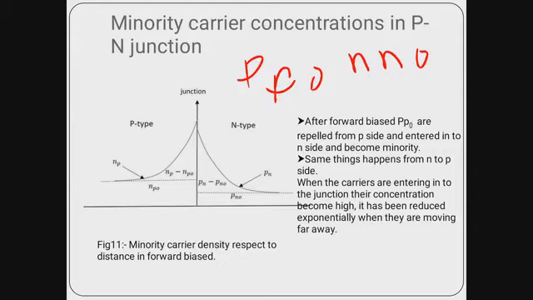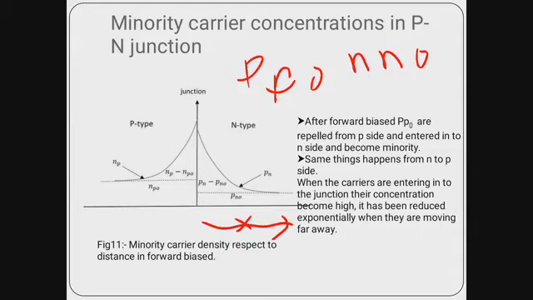The concentration of holes is very large at the junction, but when they move far away, suppose at a distance denoted by x, moving far away from the junction, their concentration gets reduced, which we have seen in this diagram, and this is exponentially reduced.